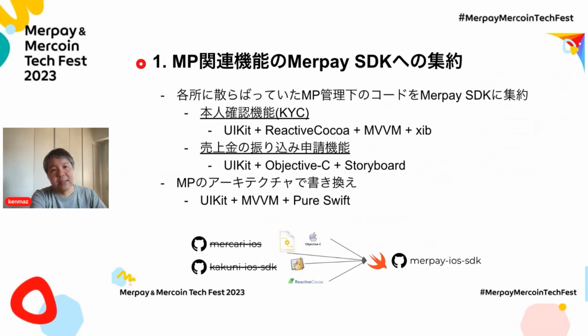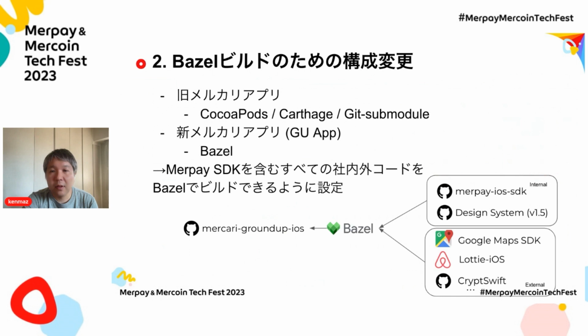So we first transferred all of the functions to the SDK, such as the identification function, KYC, and the function for applying for transfer of seller's revenue. These were written partly in UIKit, ReactiveCocoa, and partly in Objective-C, but we rewrote them in UIKit plus simple MVVM, which is the architecture we use at Merpay.